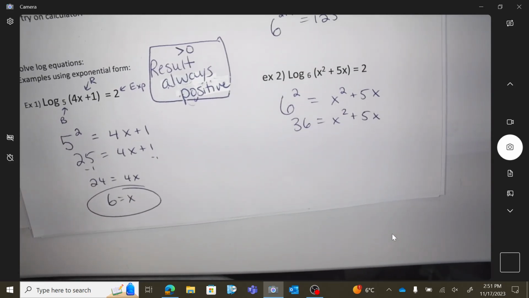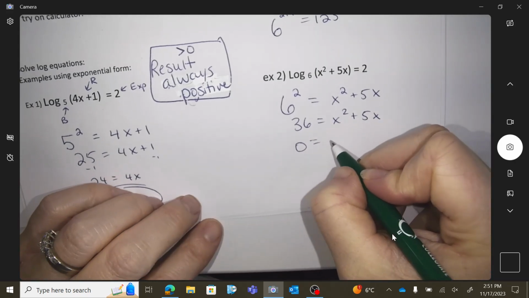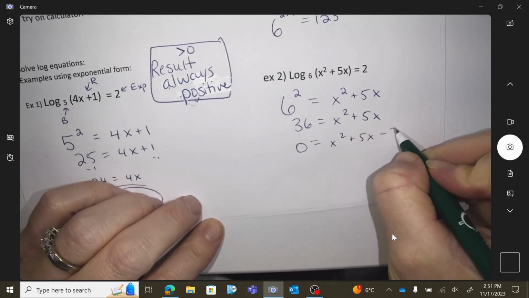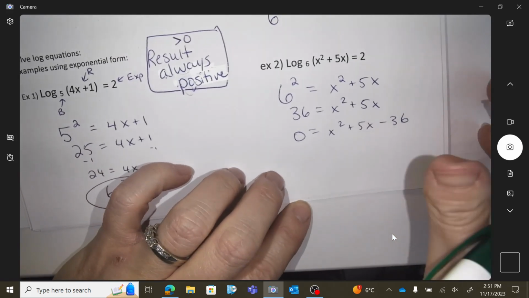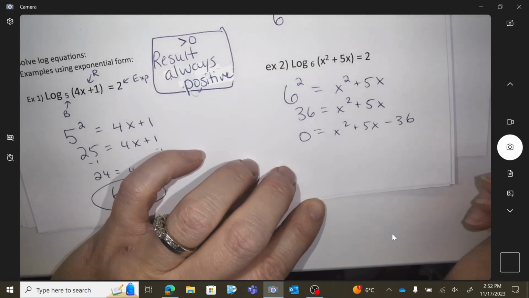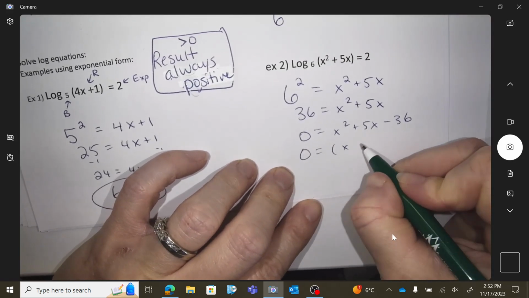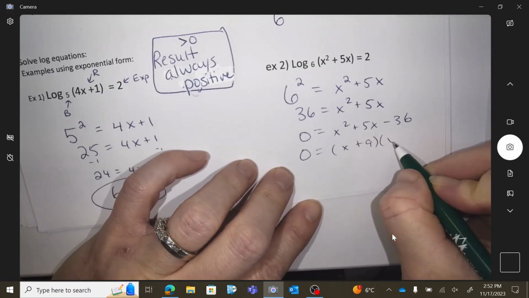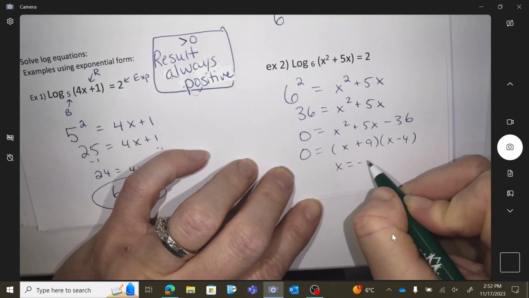Big shiny moment, please tell me you know what the big idea is. Equals 0. Do you have simple trinomial factoring stuff to do, right? Lots of past algebra will come into place.